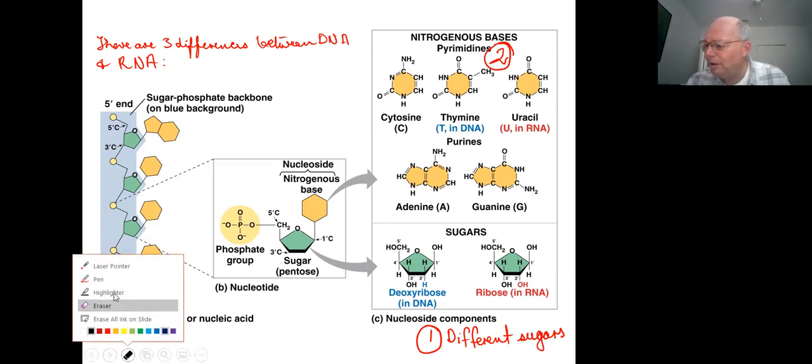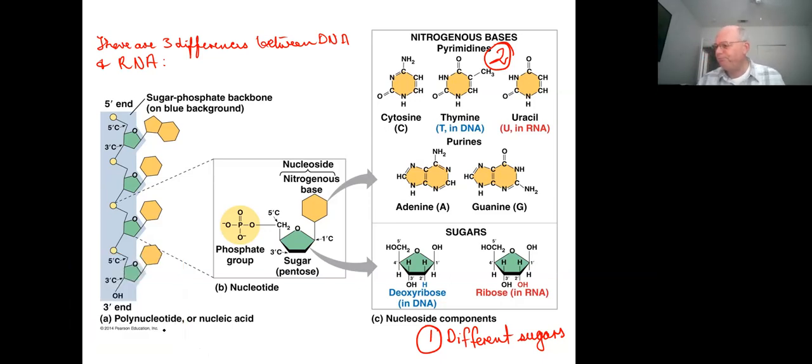There's already been a color coding given here. So in DNA, it's adenine, guanine, cytosine, and thymine. So those are the nitrogenous bases on the nucleotides of DNA.